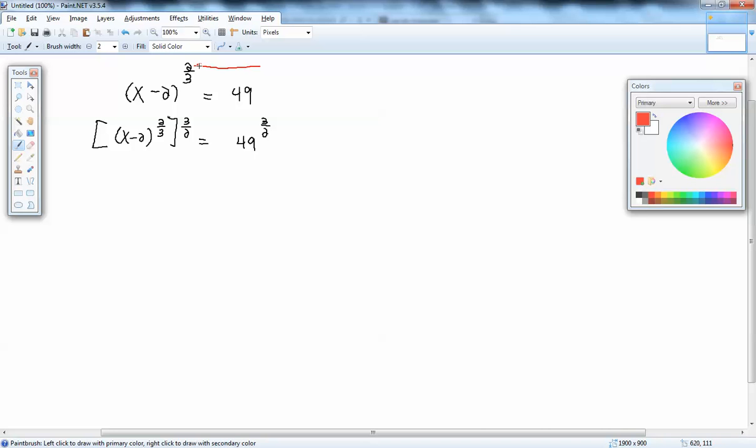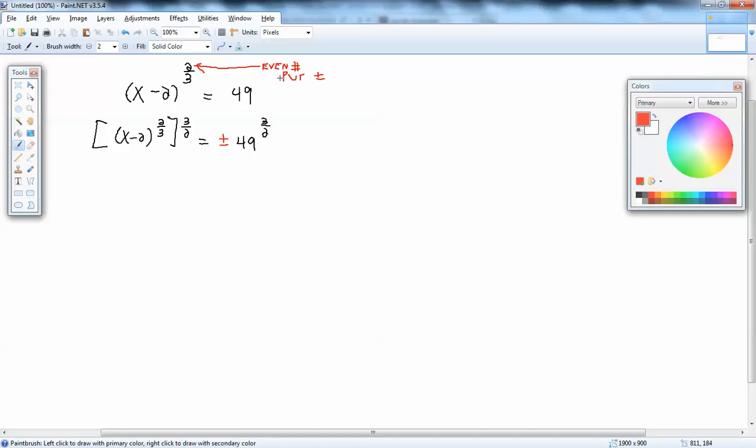When you've got an even number on top, this is before you take both sides to the power, the even number means you're going to put a plus or minus on the other side. Right here on the other side where the number is, we're going to need to put a plus or minus.